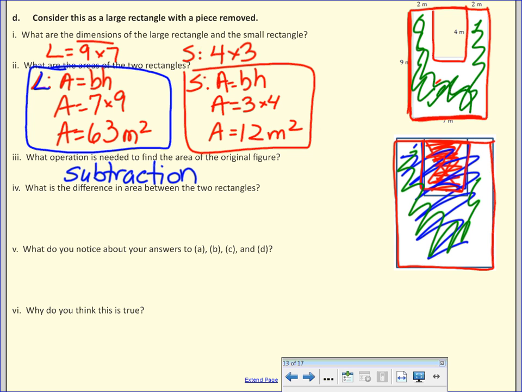So what is the difference? 63 minus 12 is... Oh, there it is again! Well, it's not units. We know that it's meters. So we keep getting the same area again and again. It didn't matter if we decomposed it or composed it.